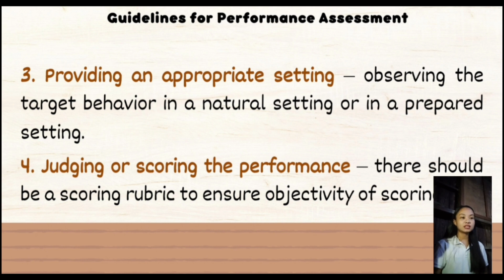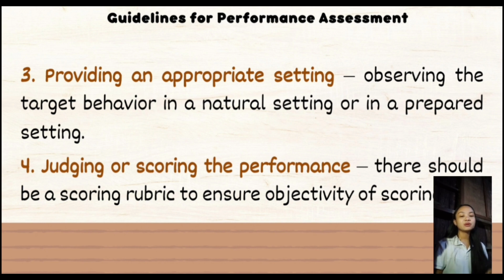Now, according to the assessment experts, it is more appropriate to observe the student teachers' performance not just once, because the knowledge and the skills of the student cannot be seen or presented in just one performance.